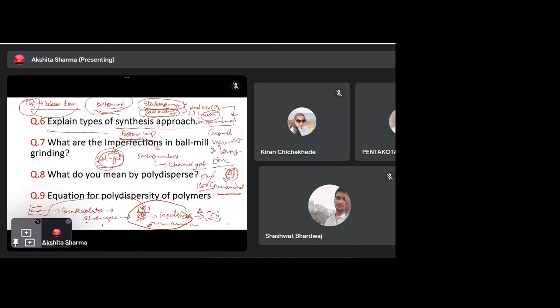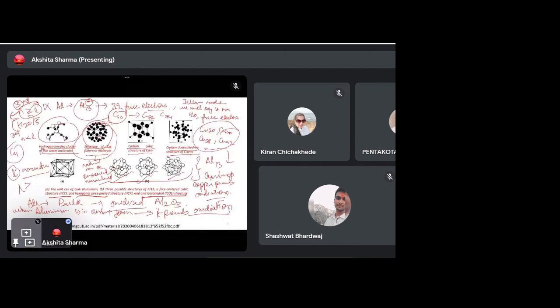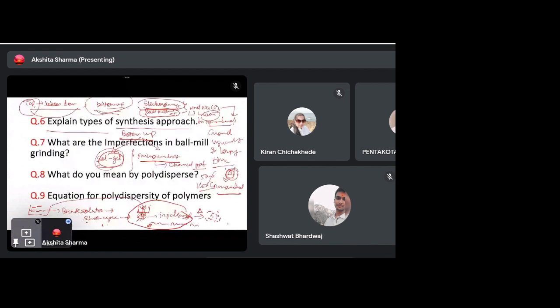Okay. In microemulsion also, it is a different approach. We mix two different types of solvents in two different beakers. Fine. Suppose in beaker A, I put some organic solvent. In beaker B, I put some aqueous solvent and my salts.